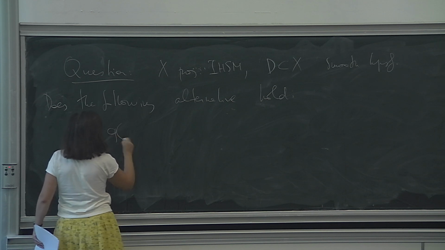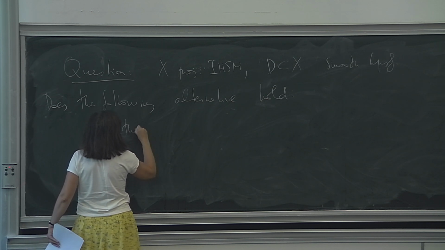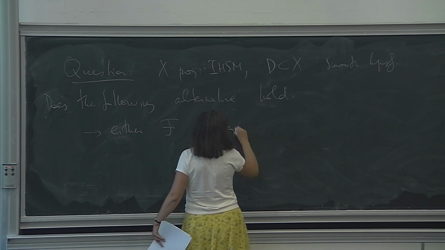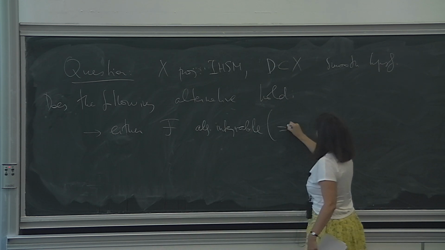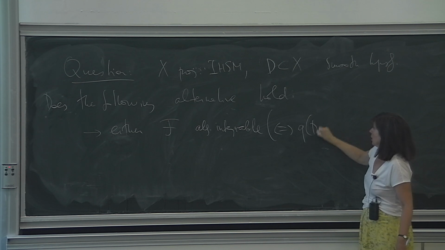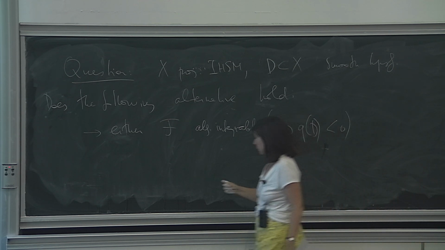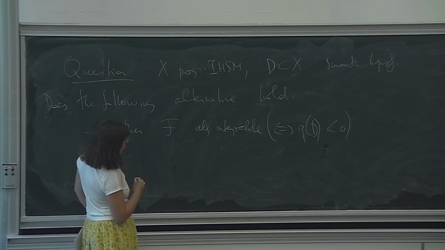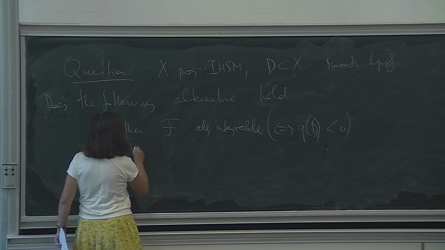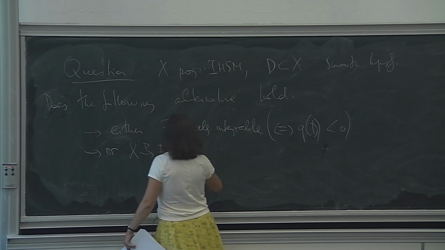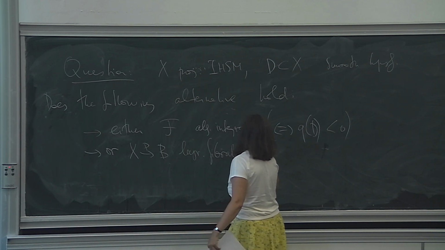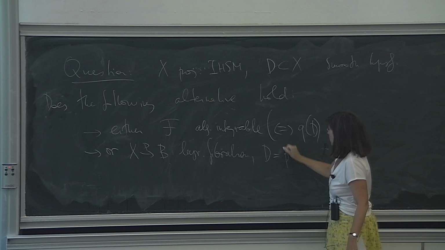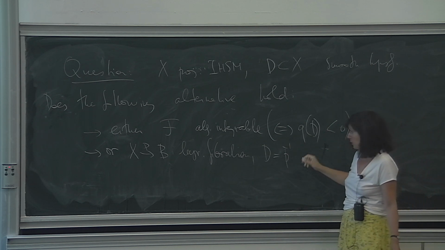So either F is algebraically integrable, basically meaning that Q of G is negative, or there is a Lagrangian fibration, and G is a pullback of some divisor, right?